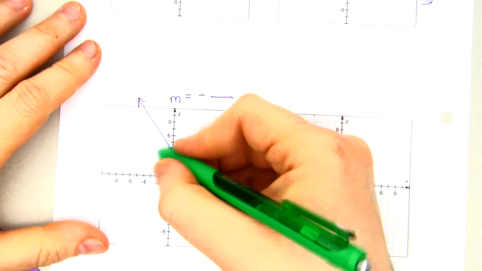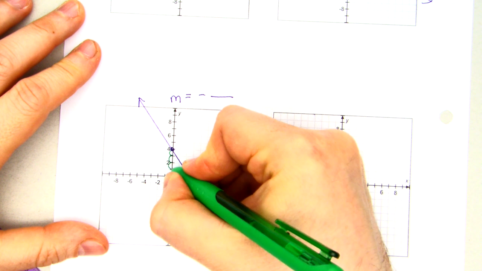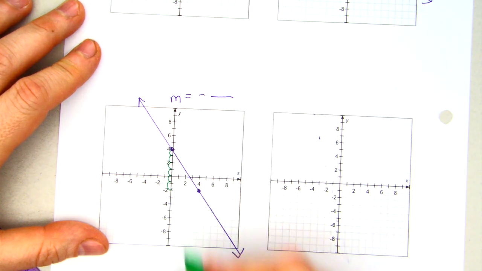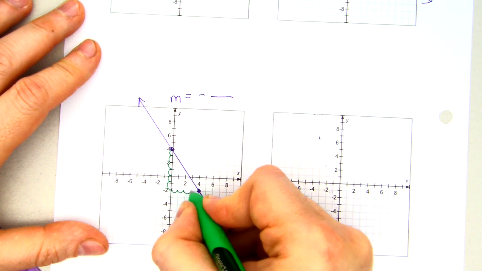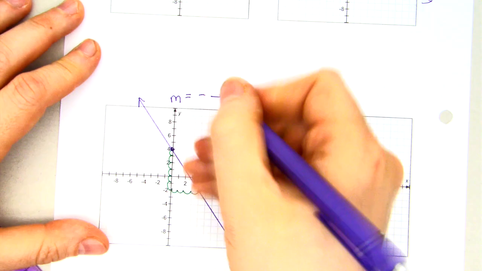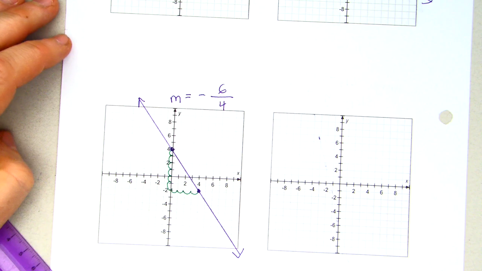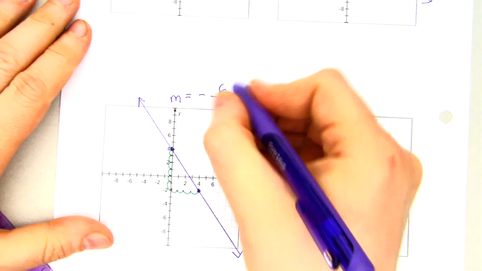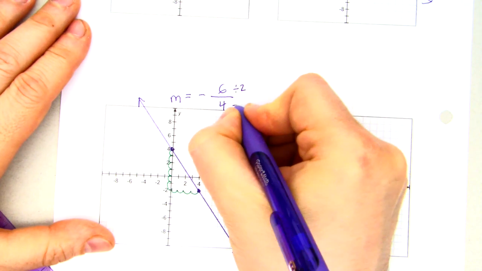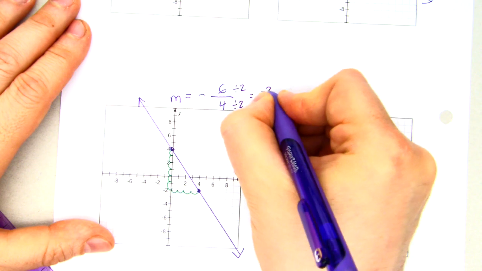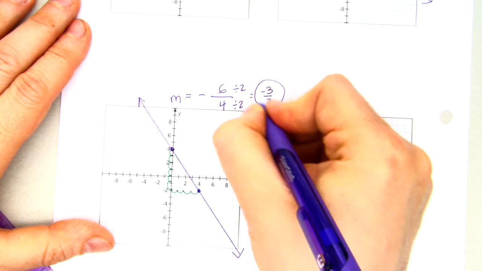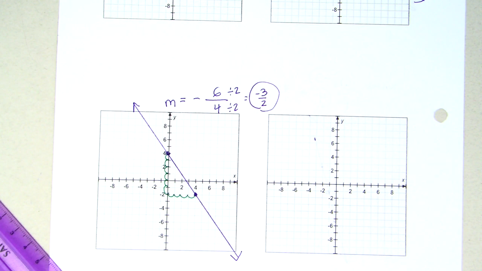My rise is 1, 2, 3, 4, 5, 6. My run is 1, 2, 3, 4. Negative 6 over 4. However, just like last time, we can simplify this fraction. I can divide the top and the bottom by 2, and that's going to give me negative 3/2 for a simplified version.